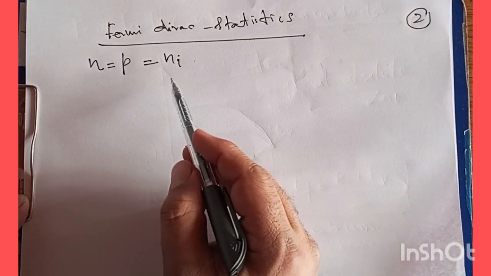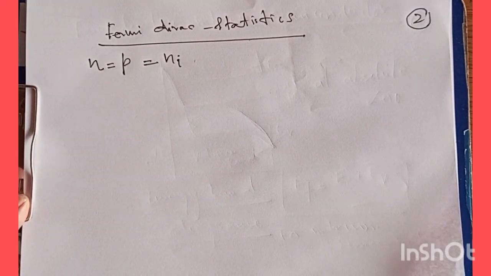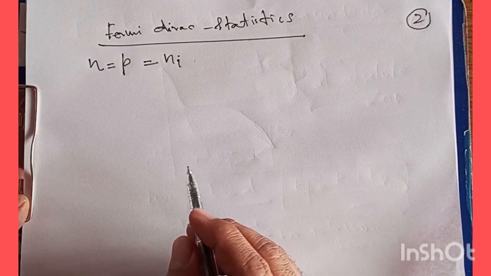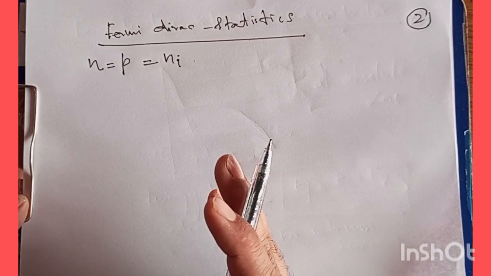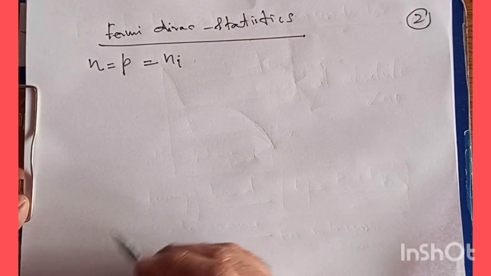So Ni will be the same for electrons, and Ni will be the same for holes.